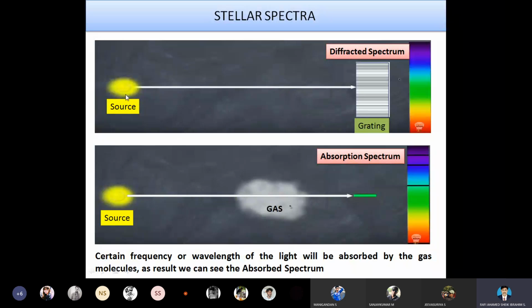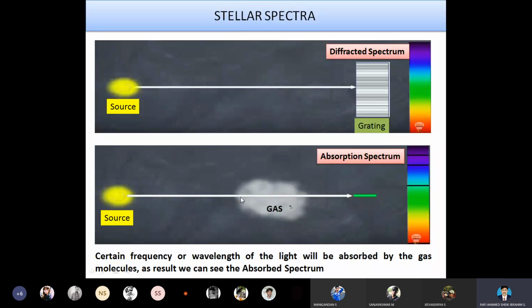For the normal source, light falls on the medium directly. As a result, we can see the diffracted spectrum here. But for our study, the source is nothing but electromagnetic radiation, the light energy emitted from the atmospheric surface of the Sun, that is, the star.